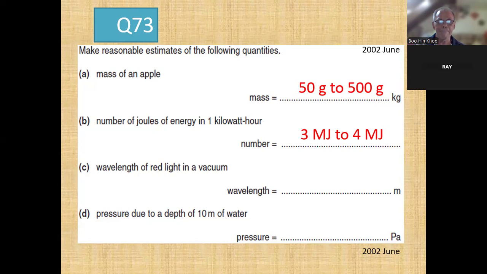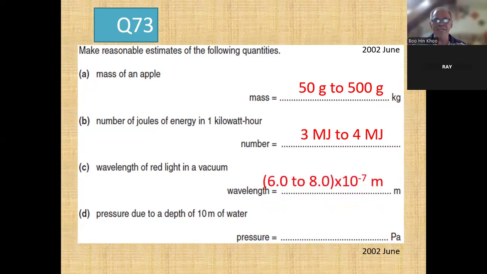Times 10 to the power of negative 9. What times 10 to the power of negative 9? Roughly, yeah. Uh, I forgot.